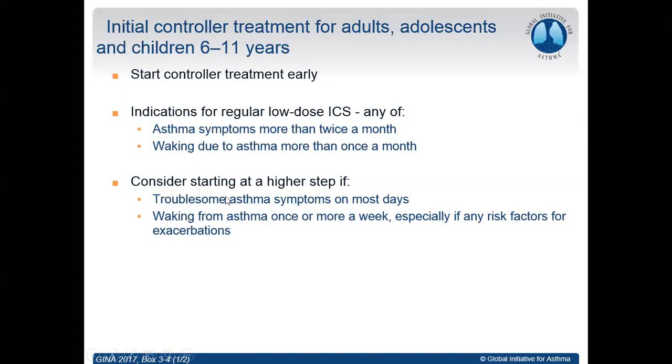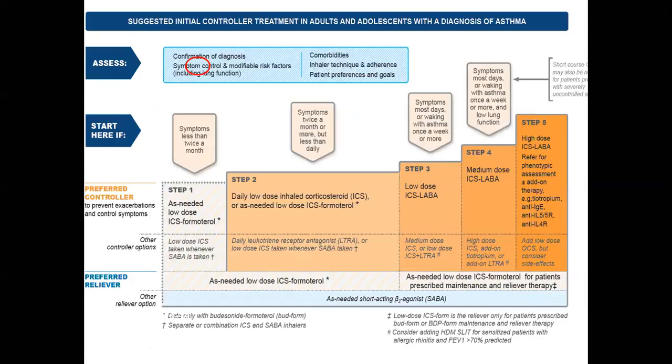And if you are going to have weekly symptoms, you are going to wake up weekly, or you are going to have troublesome symptoms on most of the days, you are going to use a higher dose of inhaled corticosteroids. I will show it in the flow chart so that it will be easier for you.